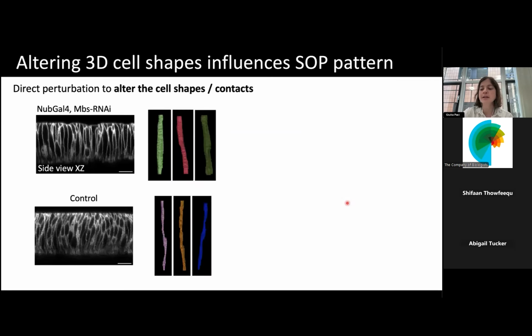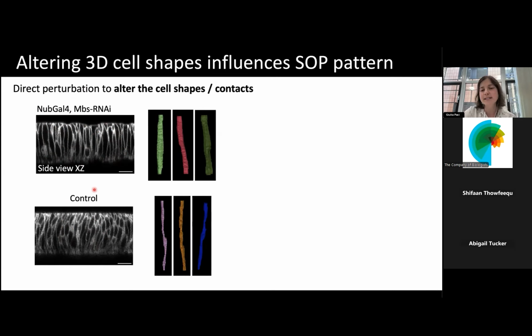We found that when we increase myosin activity in the pouch of the wing disc through an MBS RNAi, which is a condition we have previously characterized in the lab to make the cells stiffer, this straightens the cells. You can see looking at the lateral interfaces, compared to the control, that cells are much straighter, as you can also see from the 3D reconstructions.